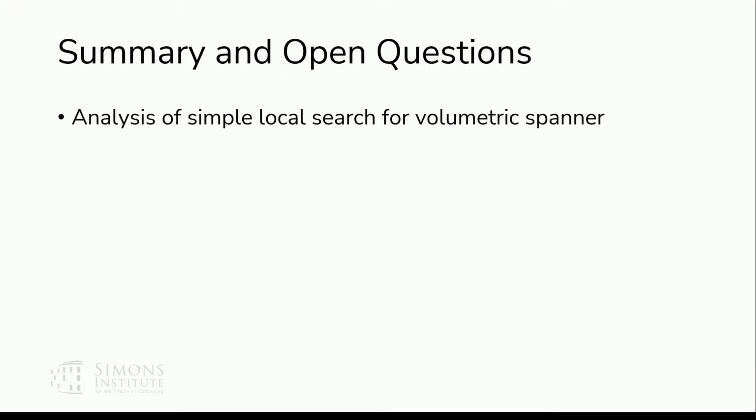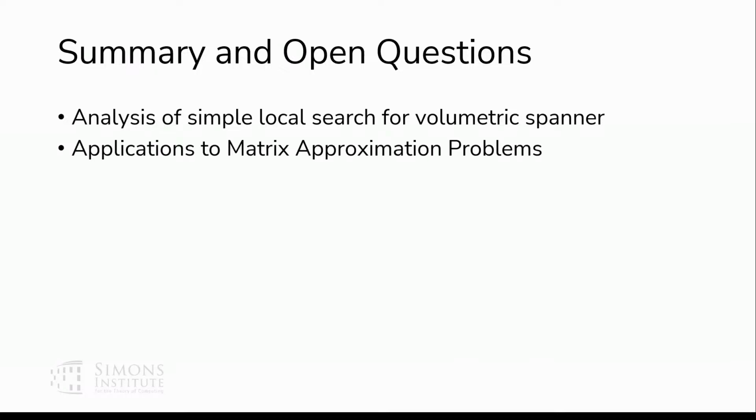Okay. So I want to summarize here and mention a few open questions. Basically, what we did was the analysis of a simple local search algorithm for volumetric spanner. And it's important, we have tons of applications from bandit linear, multi-armed bandit, or online linear optimization, matrix sketching, and so on. Hopefully you can find more.